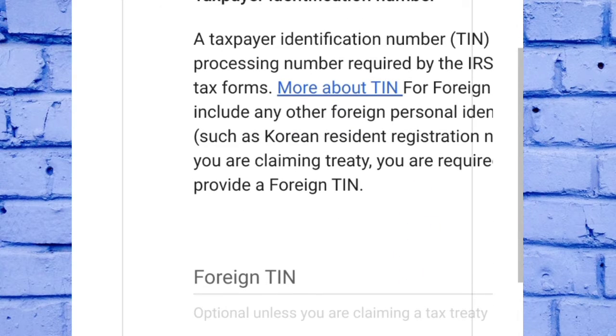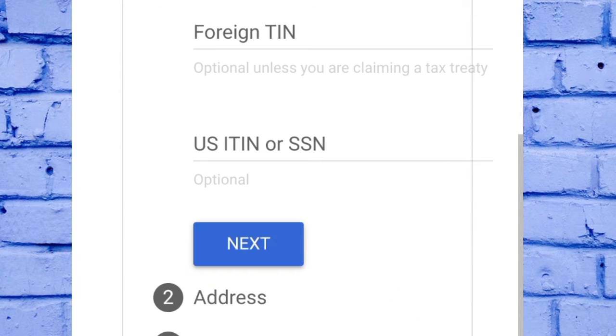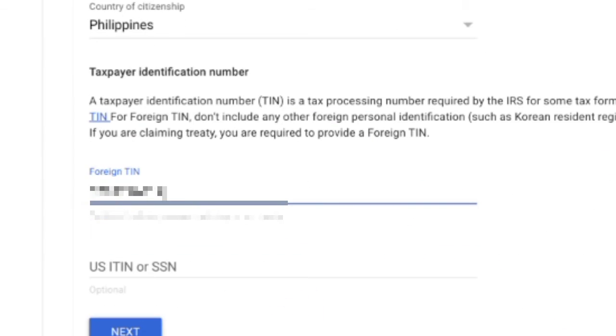A taxpayer identification number or TIN is a processing number required by the IRS tax forms. For foreign, include any other foreign personal identity such as Korean resident registration. Hindi yun, sa foreign tayo. So, yung nilagay ko guys is my number.